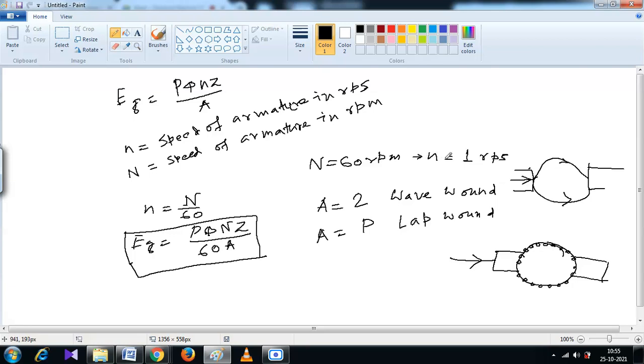Okay, sir, but what is a parallel path? Suppose current is going that way; from this bus to that bus, how many paths are there? Two. These two are parallel paths.